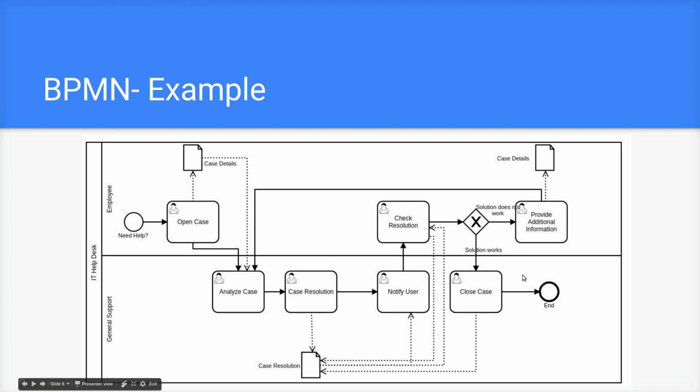As you can see here, what could have been a very difficult process in a company related to the IT department has been handled very easily and represented very easily by BPMN. And not only is it a diagrammatical representation, this diagram and this notation has an XML, it has execution semantics, and it can be executed in a system.